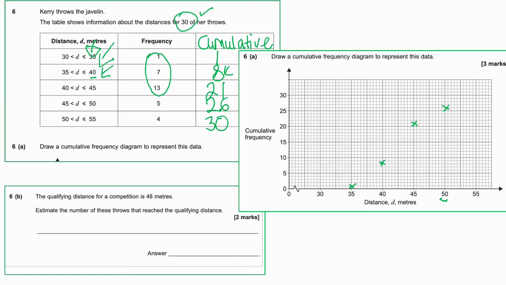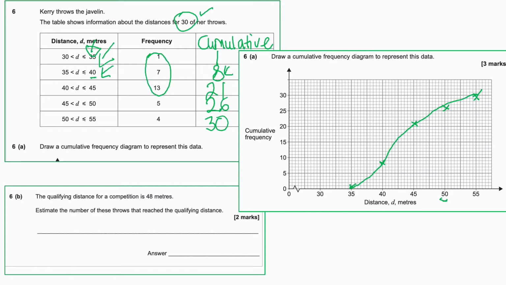And finally 55 and 30. There we go. And now we can plot a curve, cumulative frequency curve, whoops, went a bit wonky, through here. So obviously if you've got a pencil and rubber, you can redo it if you're not happy with it.